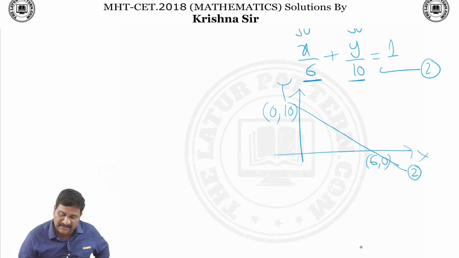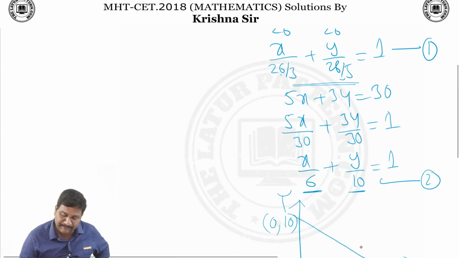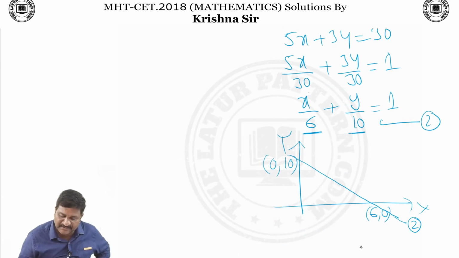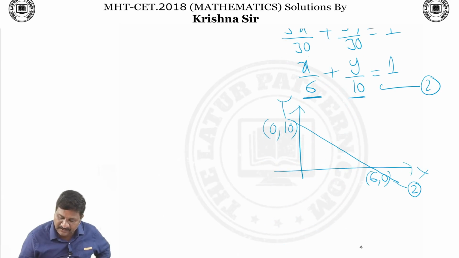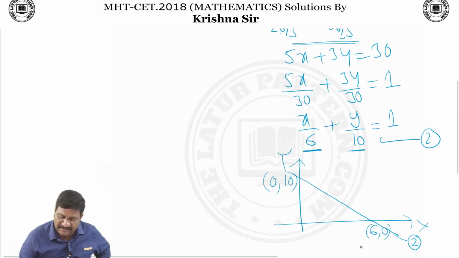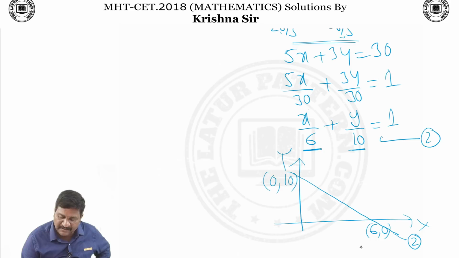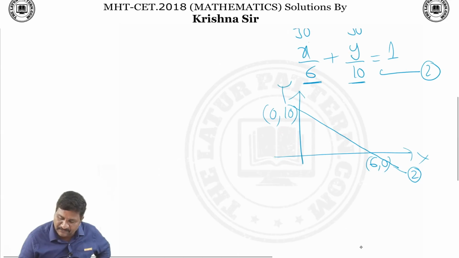Now the first line, 26 upon 3, 26 upon 5. The x intercept is 26 upon 3, whose value is nearly 8 point something, since 3 8s are 24, so it comes after the point 6 comma 0, 26 upon 3.